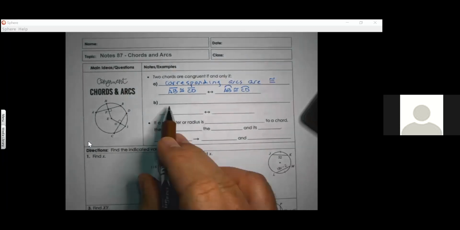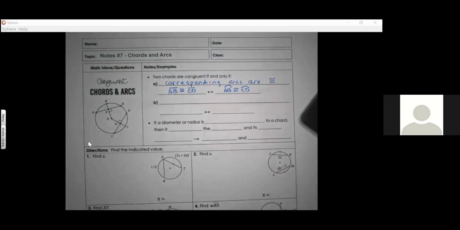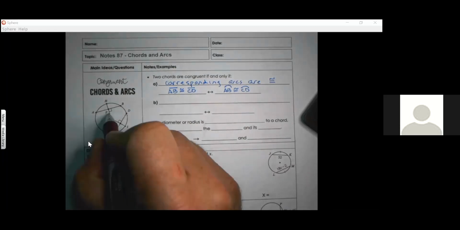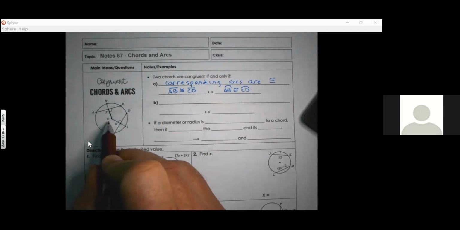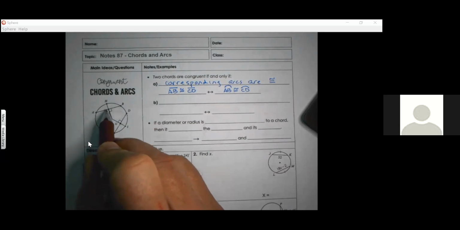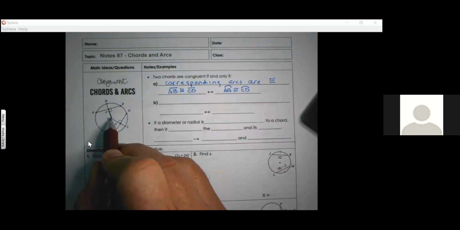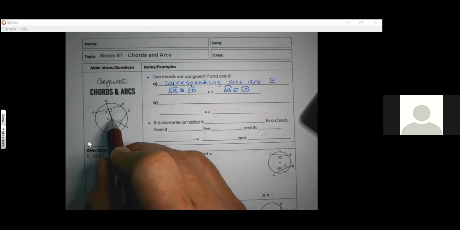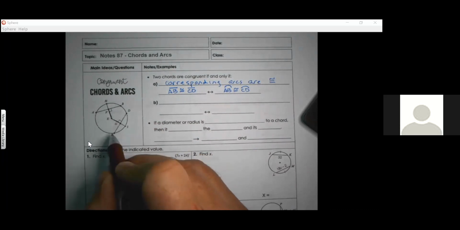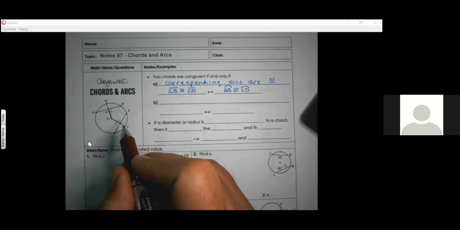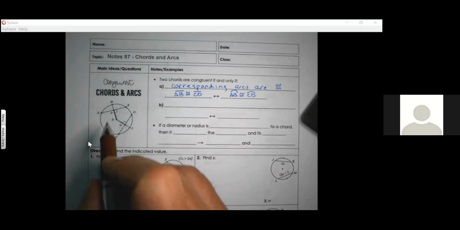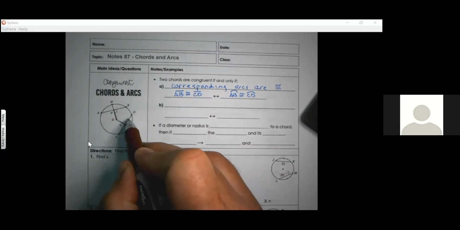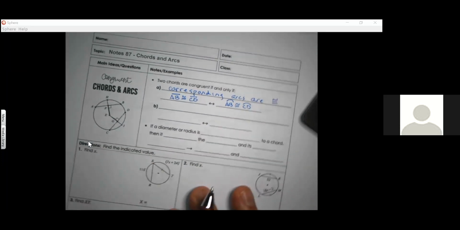We are also going to discover that if this part, in other words, a portion of the radius that goes from the center through the chord and is perpendicular, which tells us it's the distance, is the same as the distance here from the center to this chord, then we know those chords will have to be the same. I've got a visual: if this were a circle and I put a stick in here that was some length, this stick would naturally fall to the bottom of the circle.